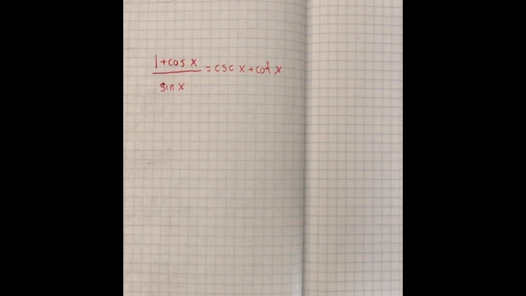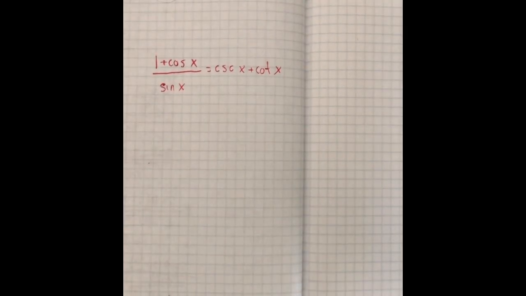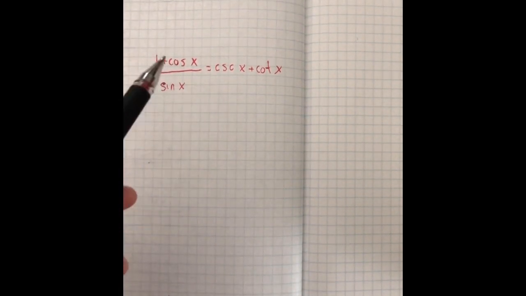However, it's the same concepts, and it might be easier for some of you. So let's start off by deciding what side we want to do the identities on. First, we'd always want to observe which side would be useful to do the identities. Looking at the left side here, 1 plus cosine x over sine x, there's no identities to use.